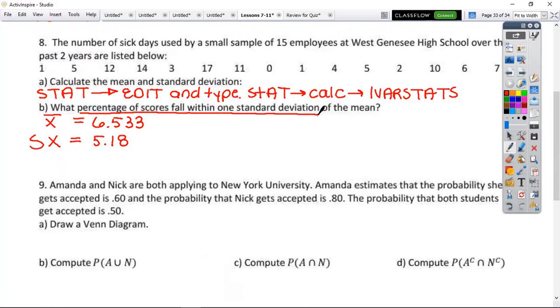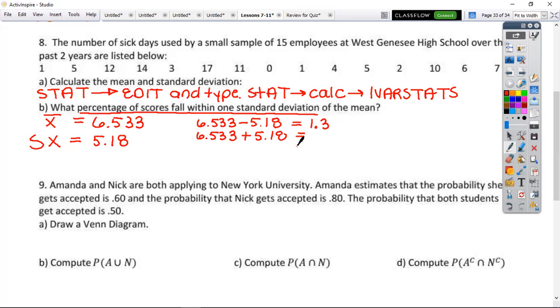So what you do is we do 6.53 minus 5.18, and my lower value I want to be between comes back as 1.3. And then I do the upper. So I go 6.53, this is the thing we did with the dinosaurs, the compies, plus 5.18.